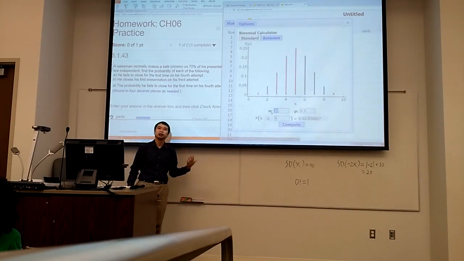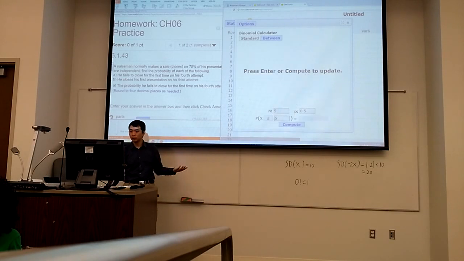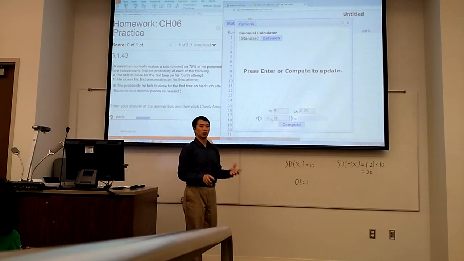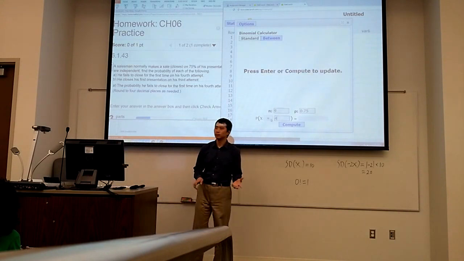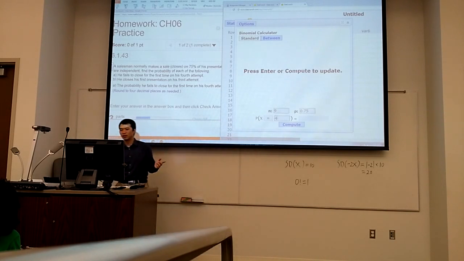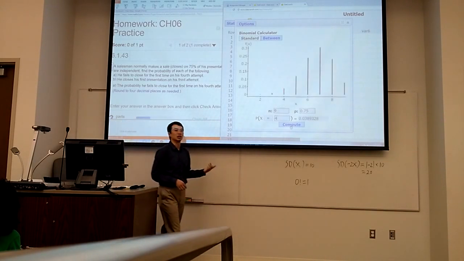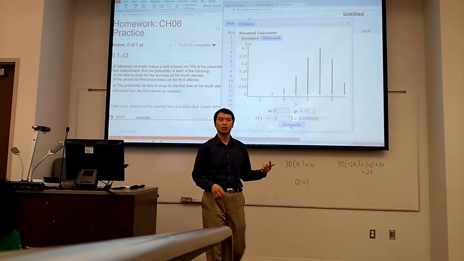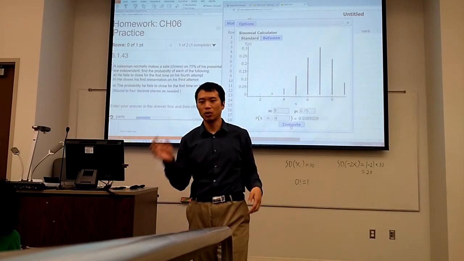How many trials? 9 trials. And what is the probability of success? 0.75. And we are interested in exactly 4 successes. Then we will have the number. So that's for most of the questions.